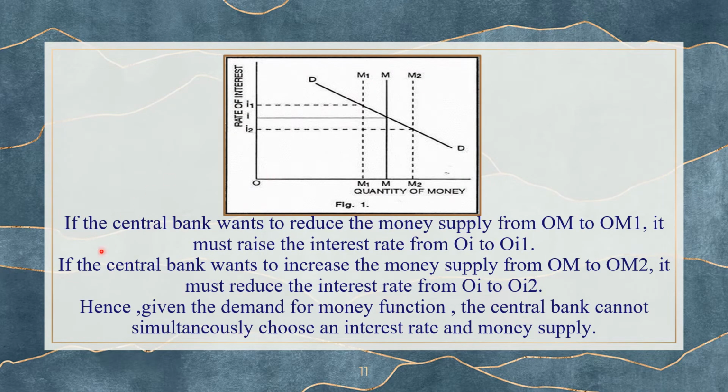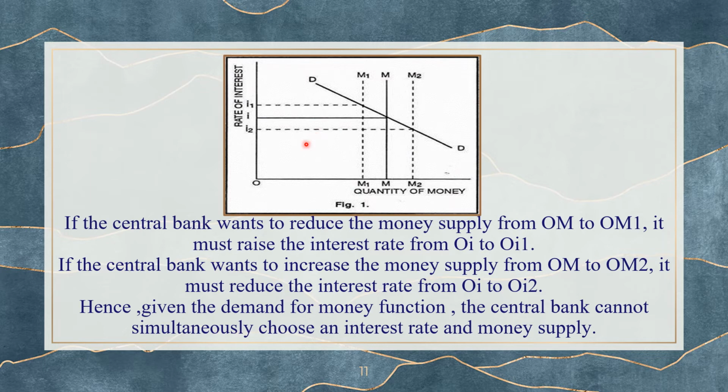Now, in the same figure, if the central bank wants to reduce the money supply from OM to OM1, then what does the central bank have to do? It has to increase the rate of interest from OI to OI1. If it wants this point to come here, then it has to raise this rate of interest. And if the central bank wants to increase the money supply from OM to OM2, if it wants the money supply to come till OM2 in the market, then it must reduce the rate of interest from OI to OI2, right?